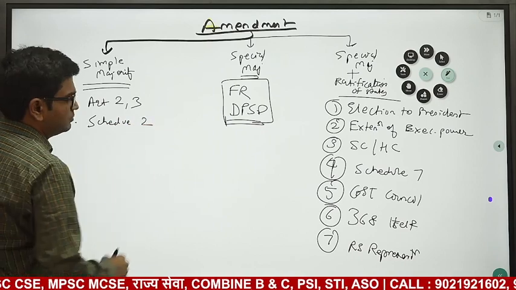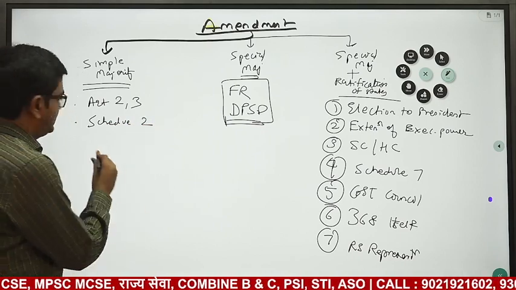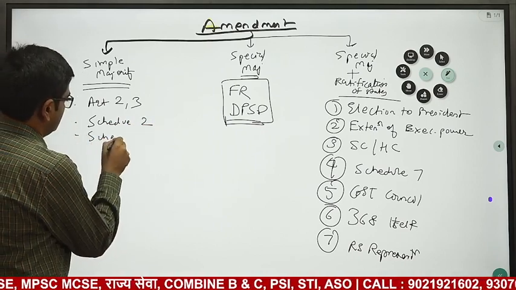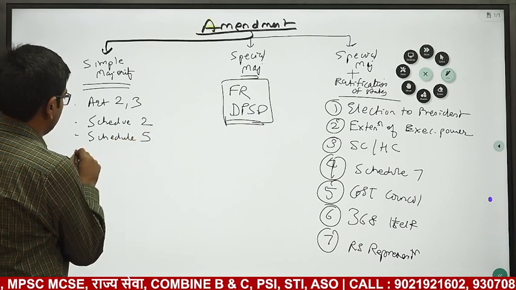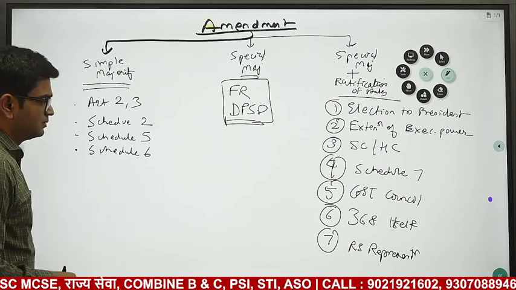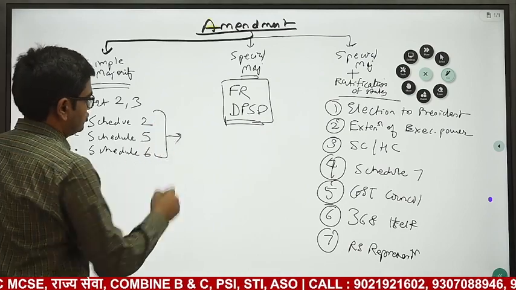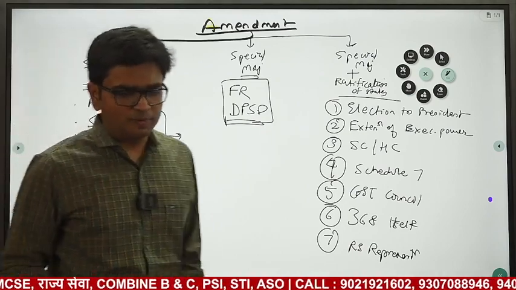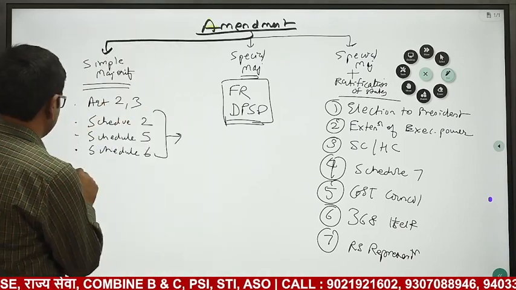Schedule 5 and 6. Schedule 5 is scheduled areas, Schedule 6 is tribal areas. If amendment has to be done in these schedules, it is by simple majority, with no need to go to special majority.